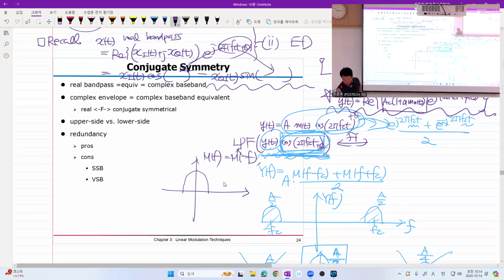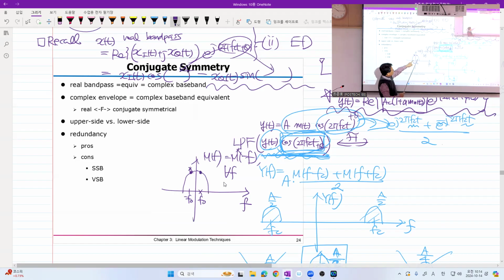The conjugate symmetry means that if you evaluate at f0, you have some complex value, and at negative f0 you have its conjugate. If I tell you that M of t is real valued, and I only provide you M of f for non-negative f, can you find the negative frequency part? Yes, because of this conjugate symmetry.